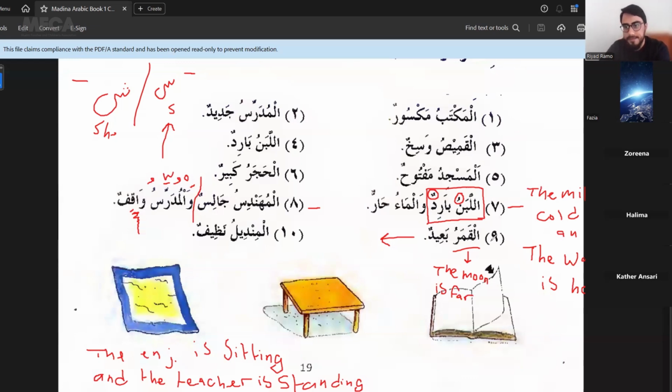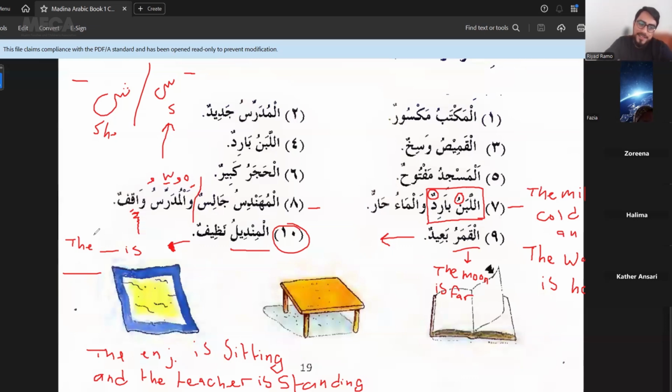Okay, very good. Okay, Zorina. Which one? This one, number 10, the last one. Mendilun. I know Mendilu, but let's remember what it is.